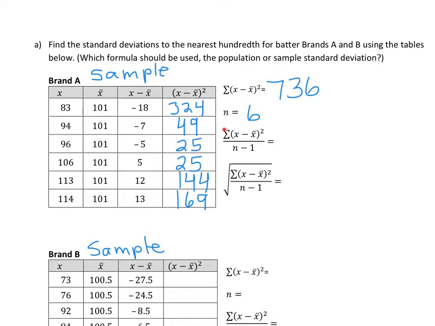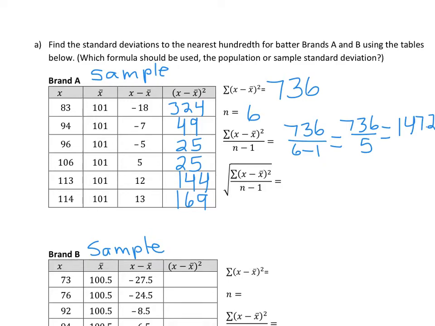So this piece right here is just the summation of the squares of the deviations. So our numerator is going to be 736, and the denominator is going to be n minus 1, or 6 minus 1. So this equals 736 over 5, which equals 147.2.